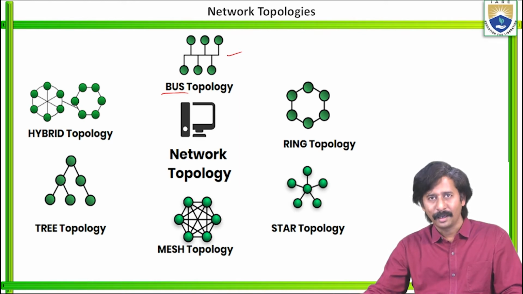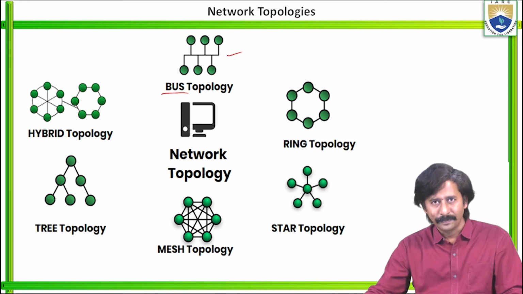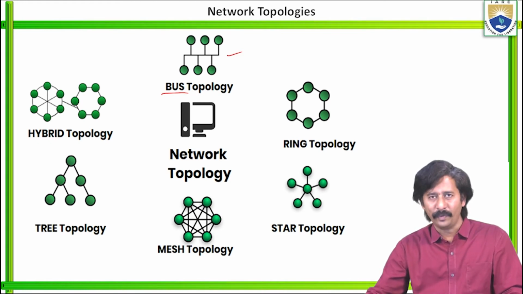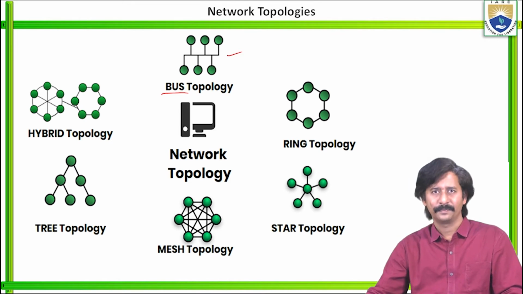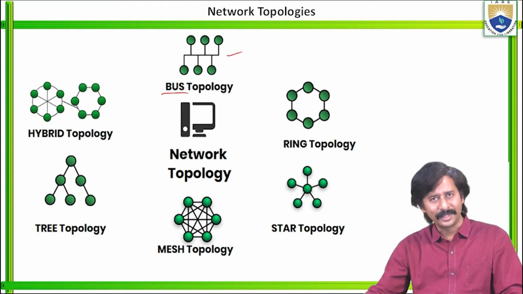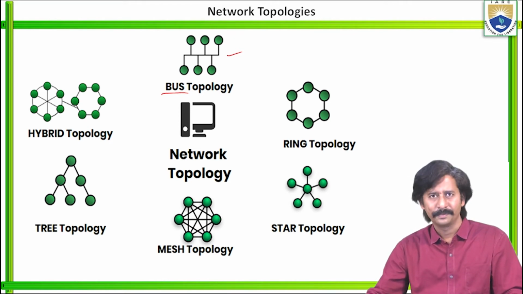A bus is a device which is capable of communicating with more than one device. There are a number of categories of buses. We know SATA cables, HDMI cables, there are a number of structures.